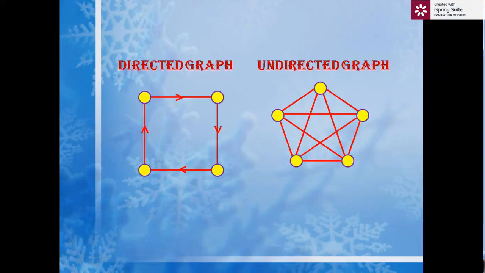There are 2 types of graphs, directed graph and undirected graph. For an undirected graph, a pair of vertices (u, v) or (v, u) represents the same edge.